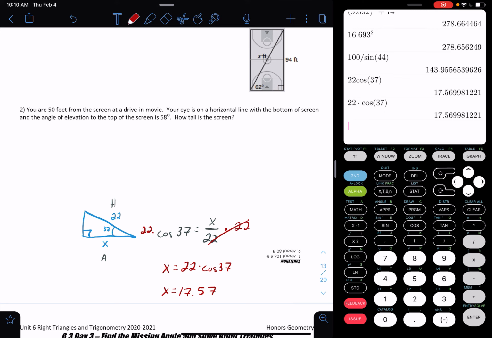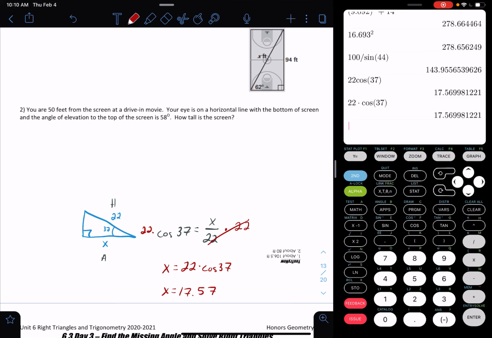So that's how you solve one if your variable's in the numerator. Okay, so we did a lot of problems where variable's in the denominator, where we got to cross multiply so that our variable gets up top. Okay, but you could also have a situation where your variable is in the numerator, then you just need to multiply both sides by the number in the denominator to get the x or the variable by itself.